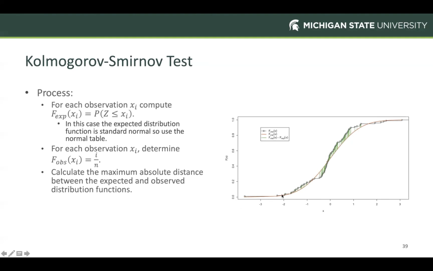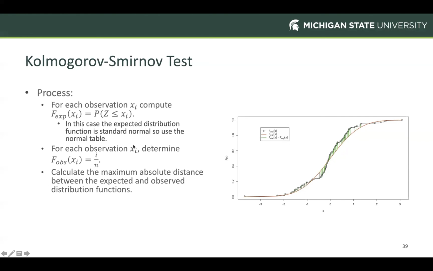For each one of our data points, we know what the normal distribution looks like. We know what the distribution of our observed data looks like. So we've taken each of our data points and normalized it, subtracting the mean and dividing by the standard deviation. And that plot looks as follows. The differences here are those distances denoted in green.